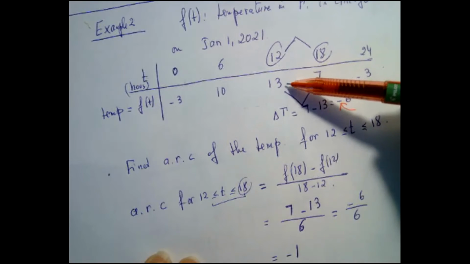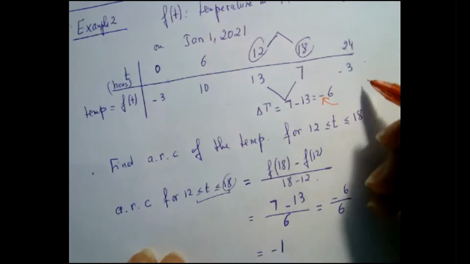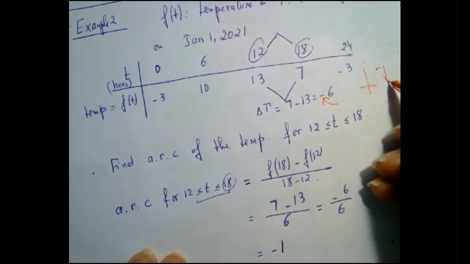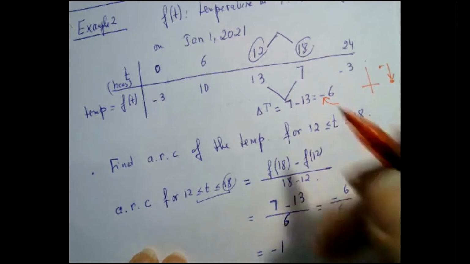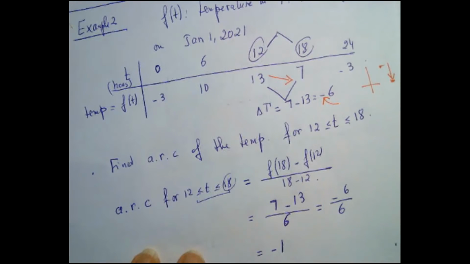It was 13. It went down by 6. It means the change in temperature is -6. That reflects the idea that the temperature was 13, but then went down all the way to 7. So the minus reflects the idea that the function decreased between 12 and 18. So it's an important part of the problem.